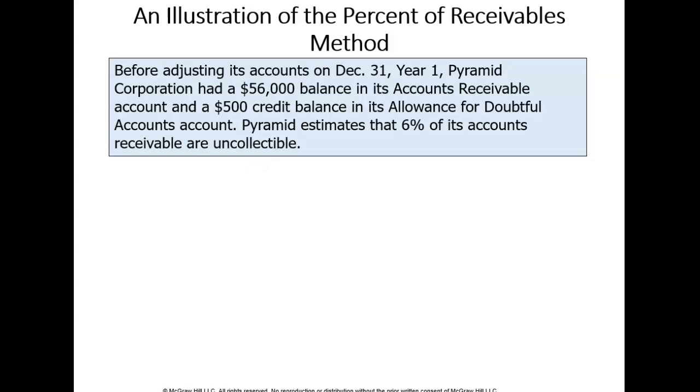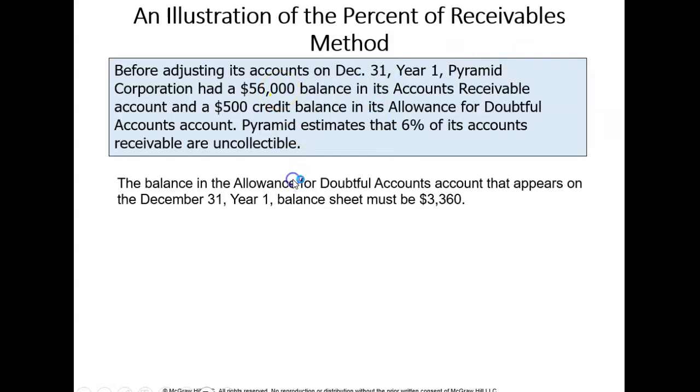Now, with the percent receivable method, your focus is to determine what should be the ending balance in the allowance for doubtful accounts. So we're saying that the allowance balance should be 6% of our receivables balance, which is $56,000, right?